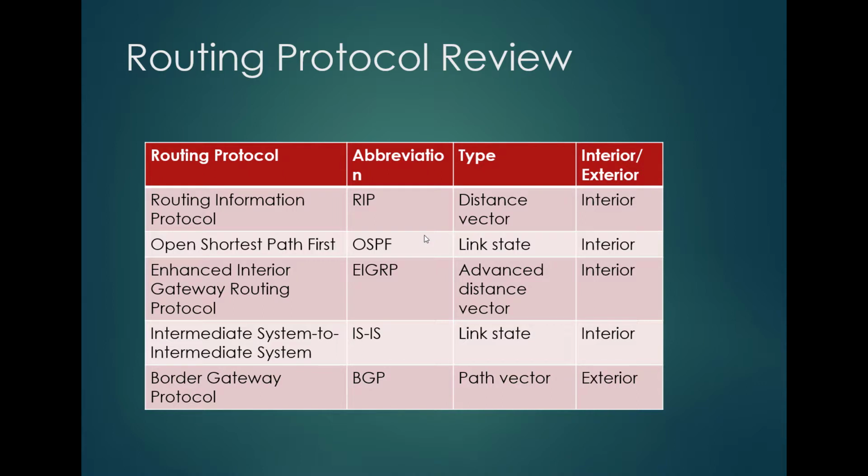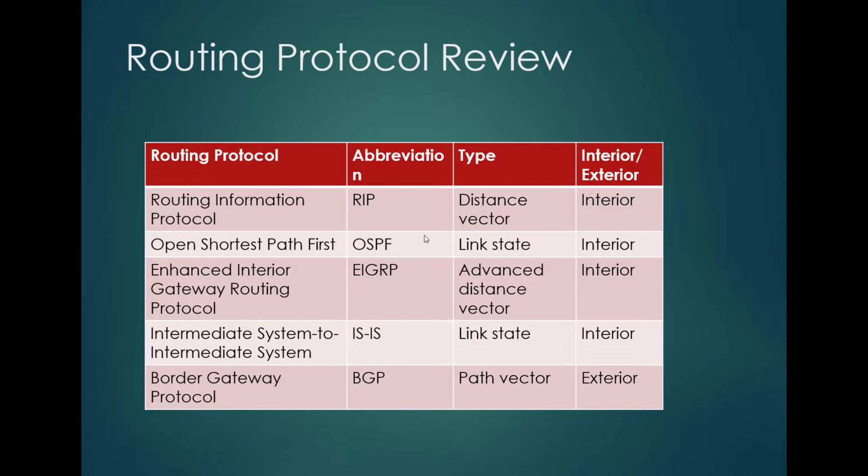So here's a little chart that breaks down how the routing protocols work. Again, RIP is distance vector. It uses hops. We have OSPF. RIP and OSPF are both open standards out there. RIP was first, OSPF came out later, and that uses link state. And then Cisco's proprietary Enhanced Interior Gateway Routing Protocol, EIGRP, uses advanced distance vector.